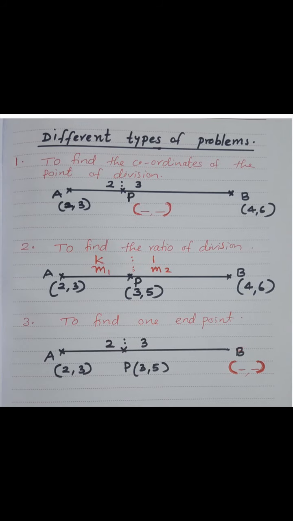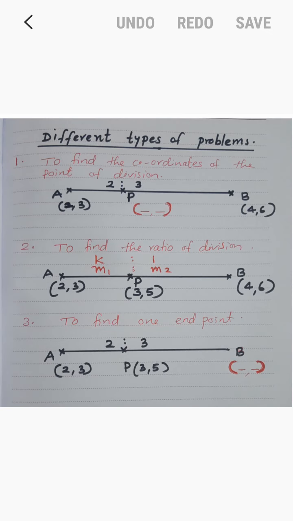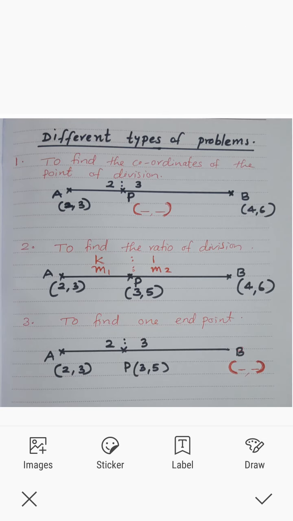There are a lot of different types of problems coming under the section formula. Here we are discussing only some of the very important ones. See the first one: to find the coordinates of the point of division.